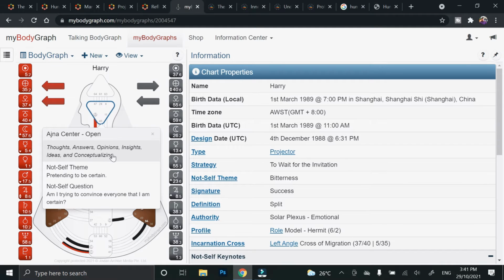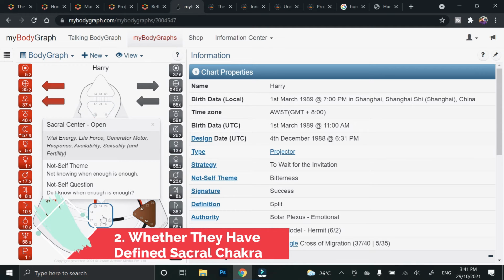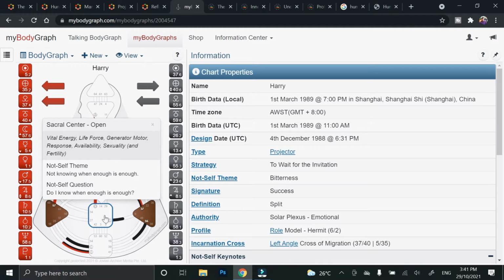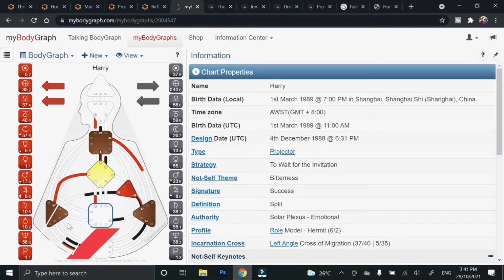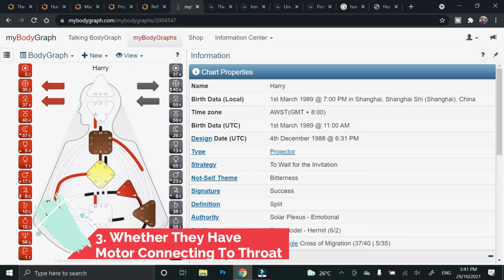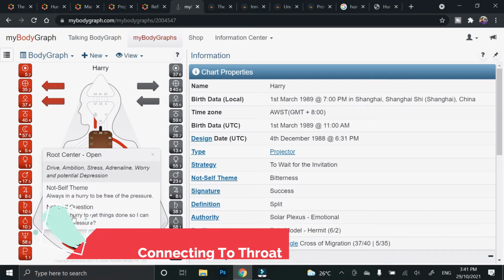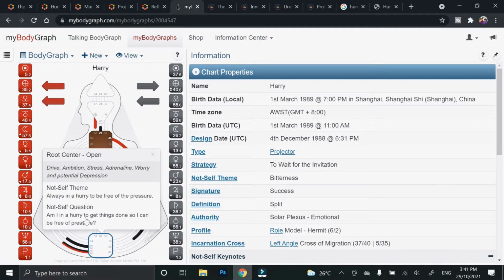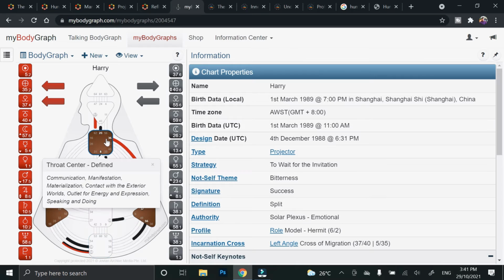Number two, whether they have a defined sacral center. Number three is whether they have a motor. Motors are basically all these four that are directly or indirectly connected to the throat.